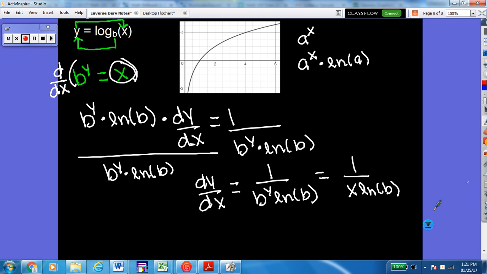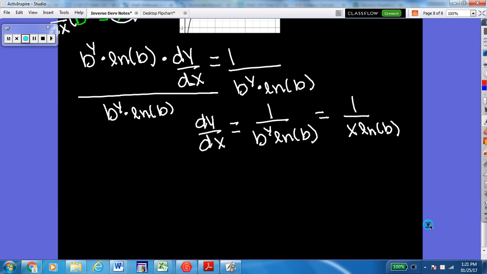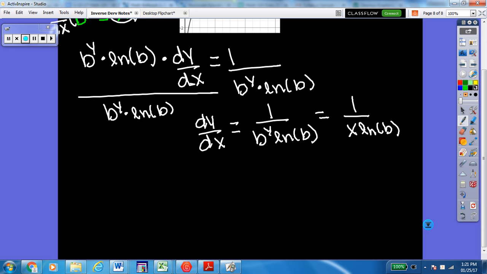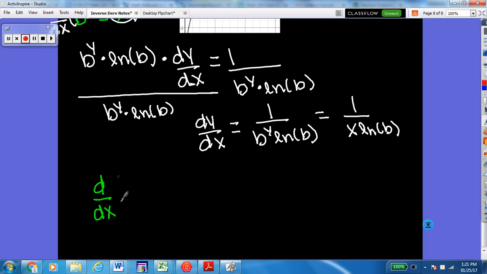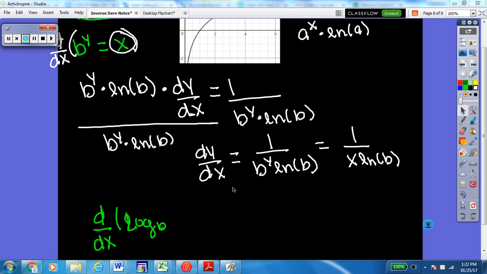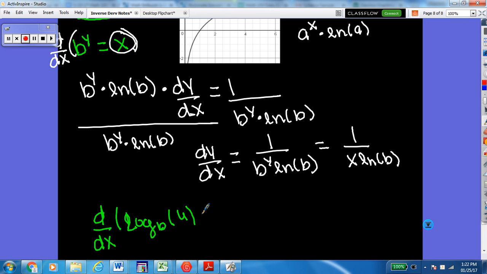Okay, so in general, the derivative of log base b of u, u meaning any function inside of it, will equal 1 over whatever's inside, which is u, but you have to add one more piece, times the natural log of the base in the denominator.